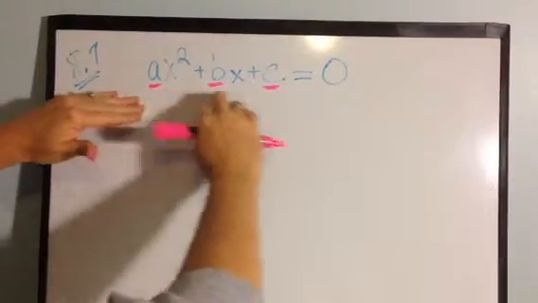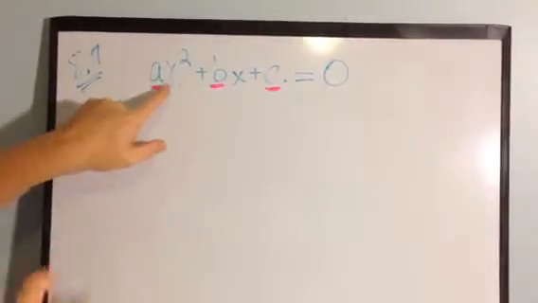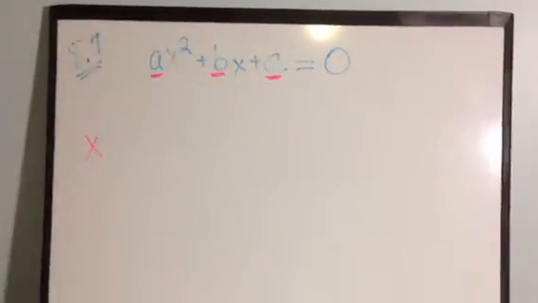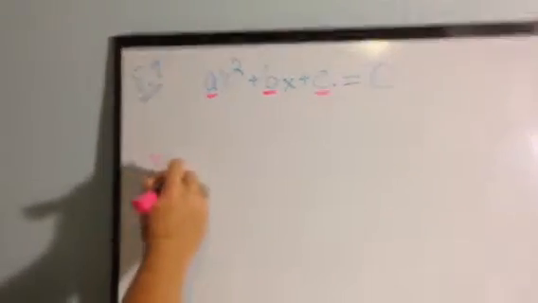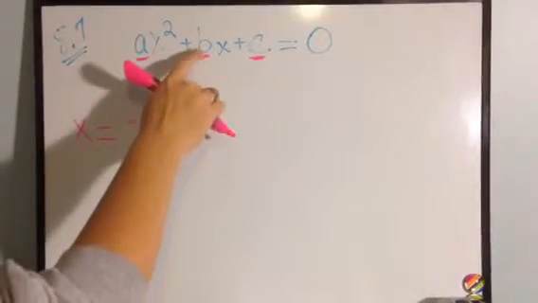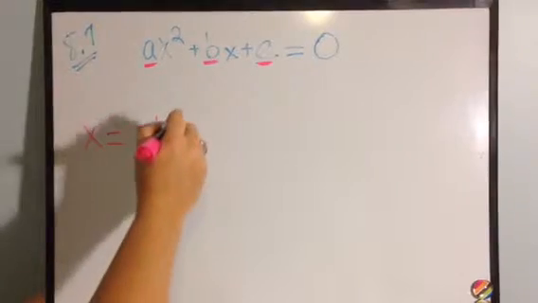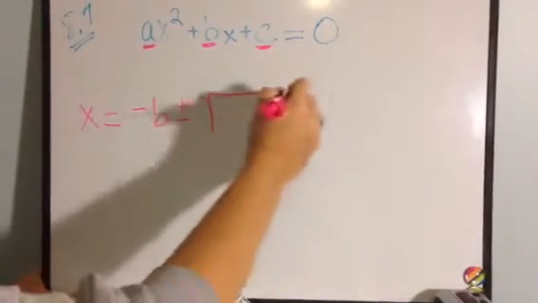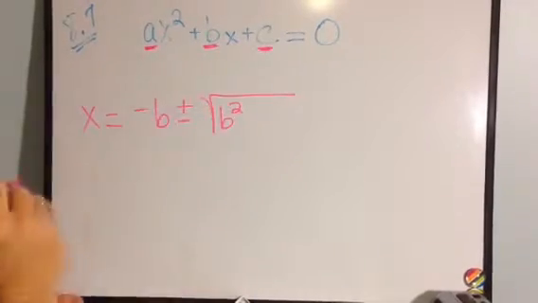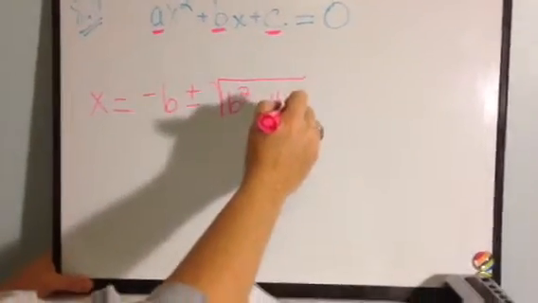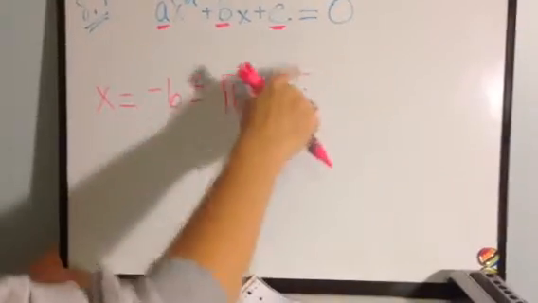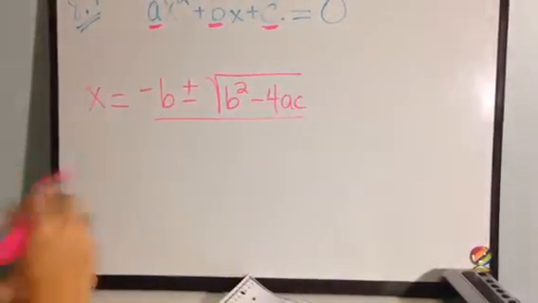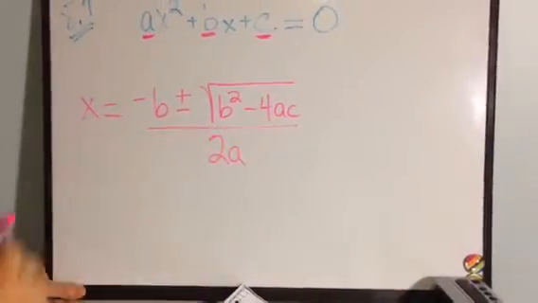They're going to give you this big long trinomial equal to 0, and you have to figure out what x would be to make this a true statement. So x equals negative b, so whatever b is, you're going to do negative b, plus or minus, so you're going to end up with two different answers going on here. The square root of b squared minus 4ac, so 4 times your a times your c, all divided by 2a.